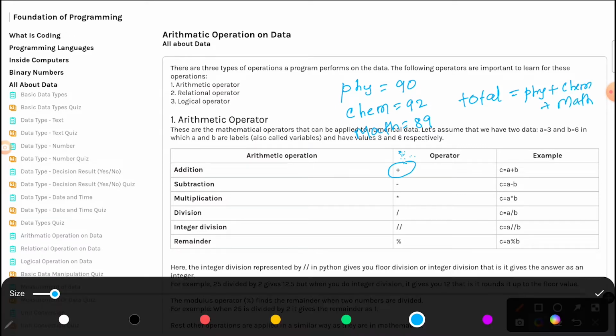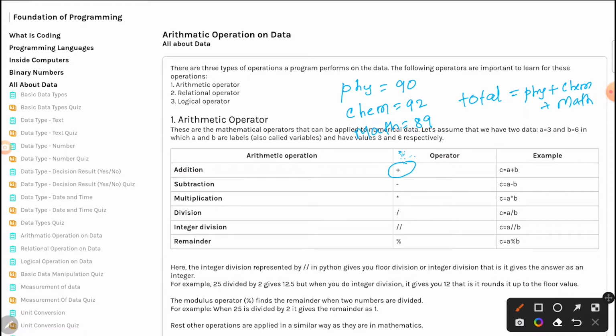As you can see, the plus operator here is used for addition. I'm adding the marks of physics, chemistry, and math to find total. All this addition is on the right side, and whatever is the computed value, I am asking the processor to store it in a variable called total.